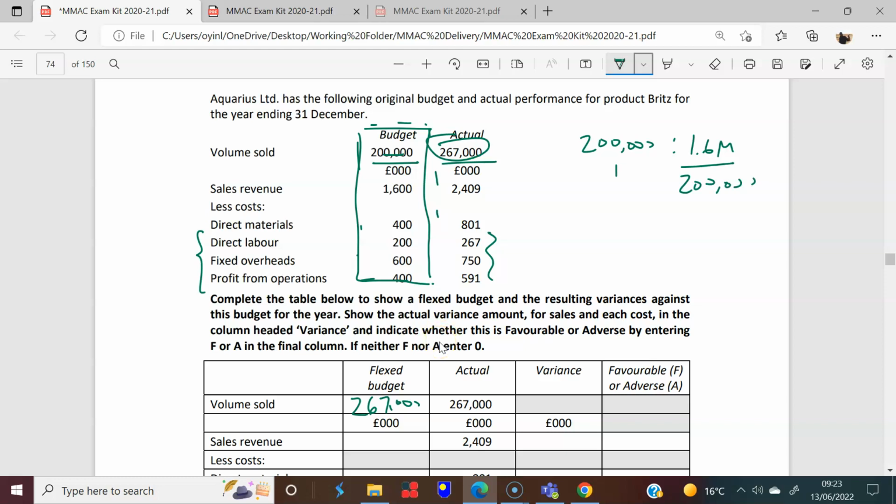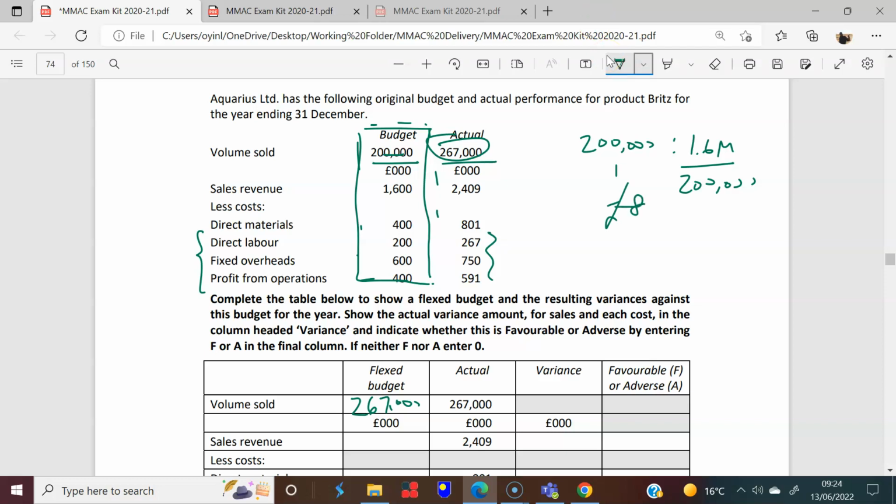We can do that, can't we? 1.6 million divided by 200,000 gives you 8. Yes, that looks like £8.